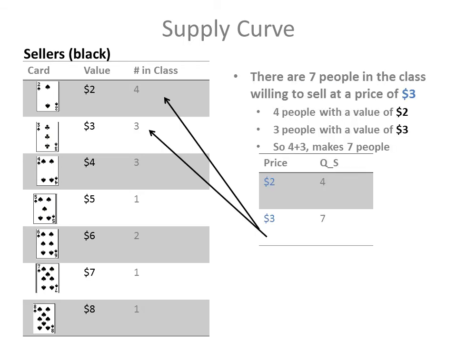To figure out how many will be willing to sell at a price of 3, I also look at those people who had a value of 3. In total, there are 7 people in the class willing to sell at a price of $3. Those are the 4 people with a value of 2, plus the 3 people with a value of 3, which makes 7 people in total willing to sell at a price of 3.